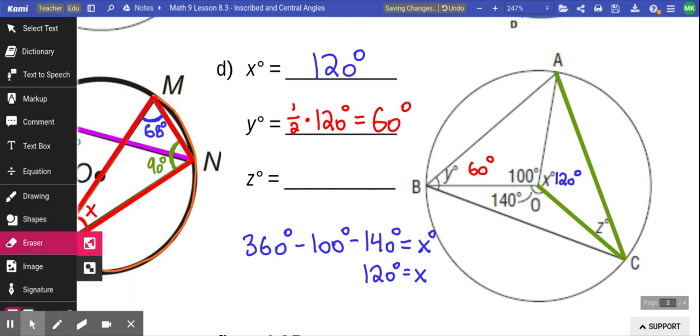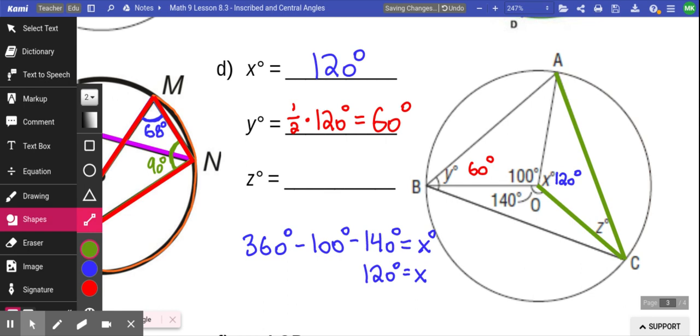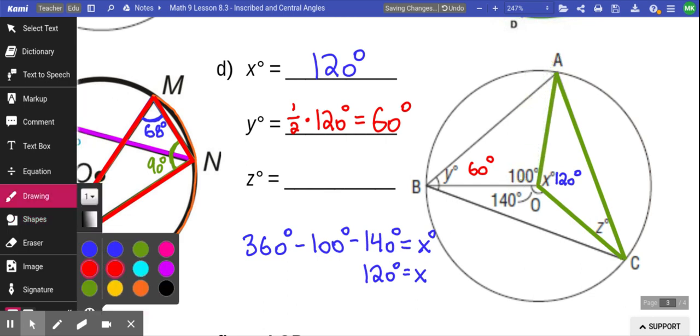Isosceles triangles are when you have two sides that are the same. So for instance, if I continue building this triangle and look from A to the center, these two side lengths are the same. They're both radii. If those two side lengths are the same, that means these two angles should be the same. Now, I don't know what the other angle is, I just know that these two angles are the same.